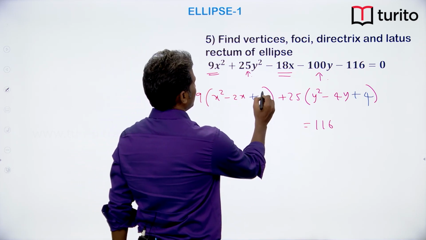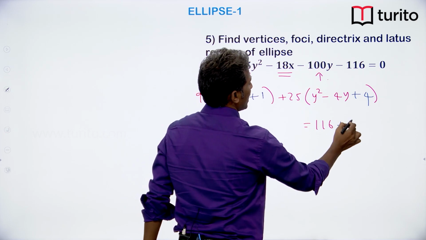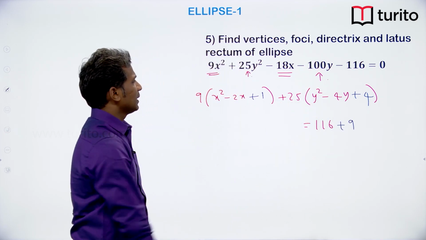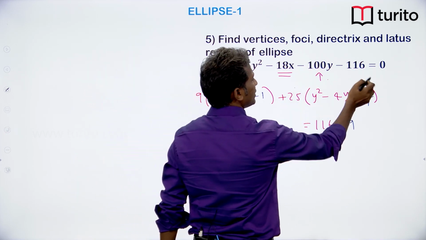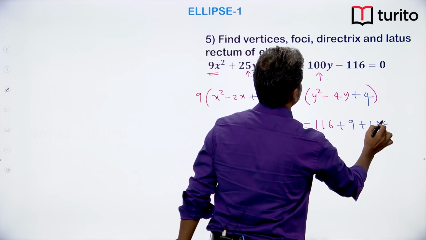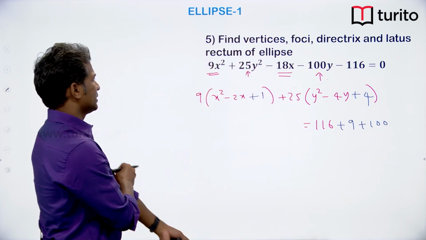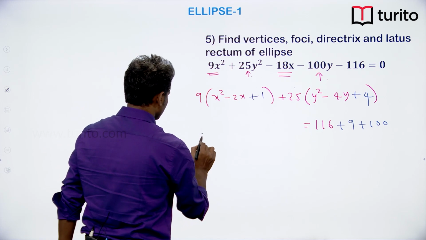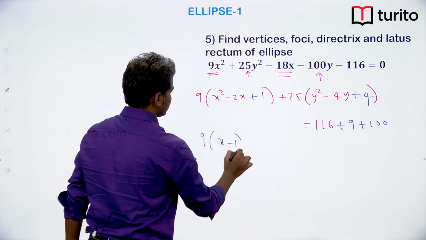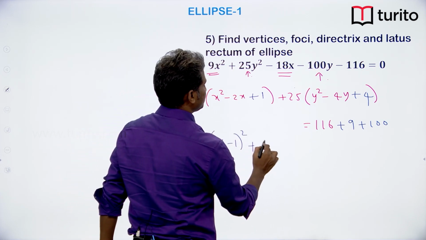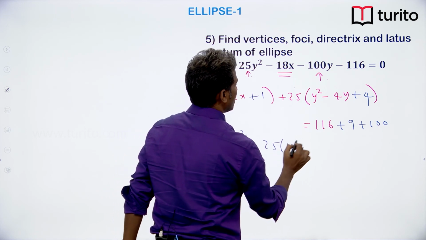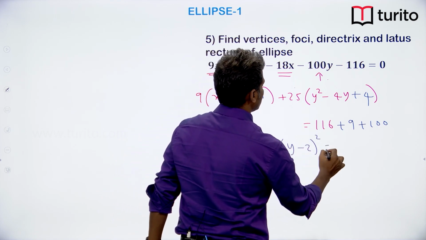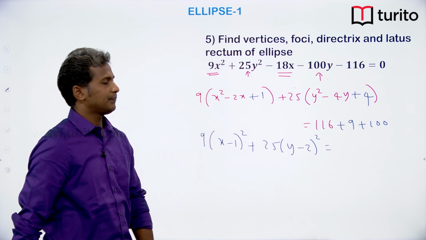Okay. So that means in the RHS I have to add 1 into 9 and also I have to add 25 into 4, which is 100. Okay. So now let us simplify this. Okay. So this is what we got till now.